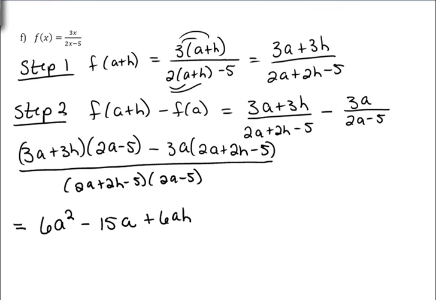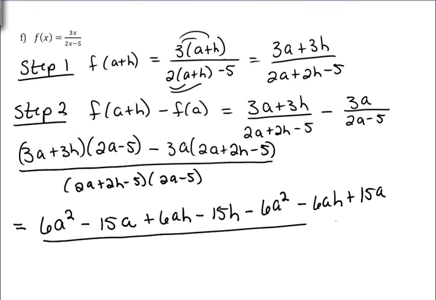And here we have 3h times negative 5, which is negative 15h. Distributing this negative 3a gives us negative 6a squared minus 6ah plus 15a. And this is all being divided by our common denominator, 2a plus 2h minus 5 times 2a minus 5.